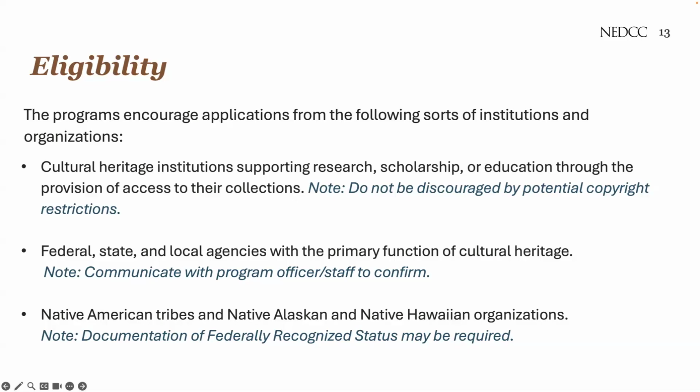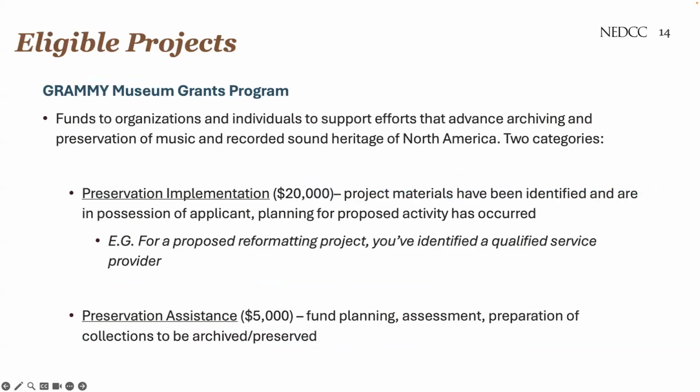Or if you're a department within a government agency, for example, but your department has the main goal of working with cultural heritage, you are likely eligible for one of these grants, even if your parent institution was not. But you do need to check eligibility requirements very carefully because the projects that are eligible vary.